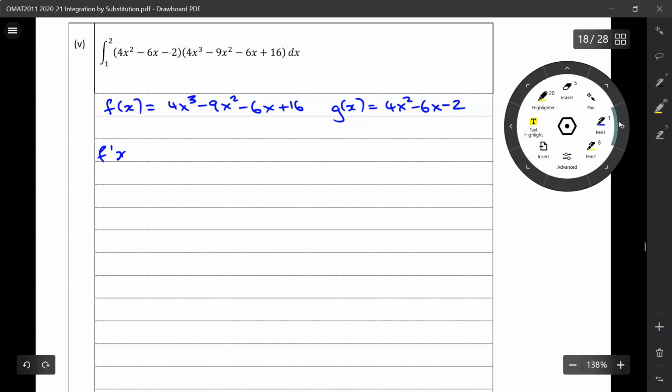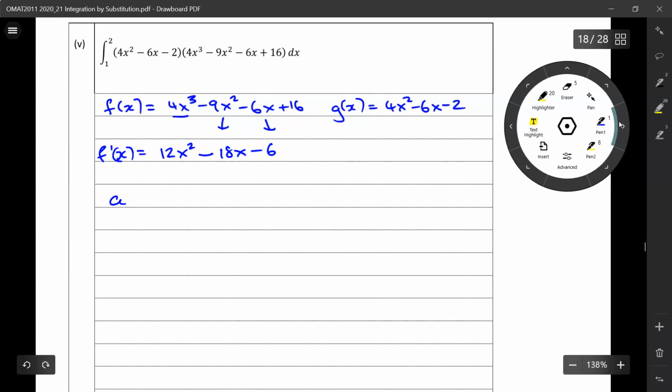Get your first derivative of the larger function. So 4 times x cubed is 12x squared. 4 times 3 is 12 times x, and the power of 3 goes down to 2. This one here is 2 times 9, which is 18x. And this one here is minus 6.